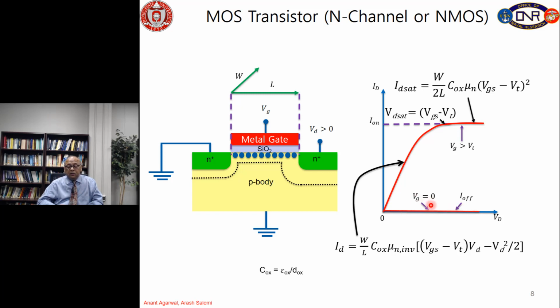So, the current is 0 all the way up to a gate voltage slightly below the threshold voltage, and at threshold voltage we have this inversion layer present. So, the current can flow from source to drain, drain being at positive voltage, the electrons will flow from source to drain, and that means the conventional current will flow from drain to source.